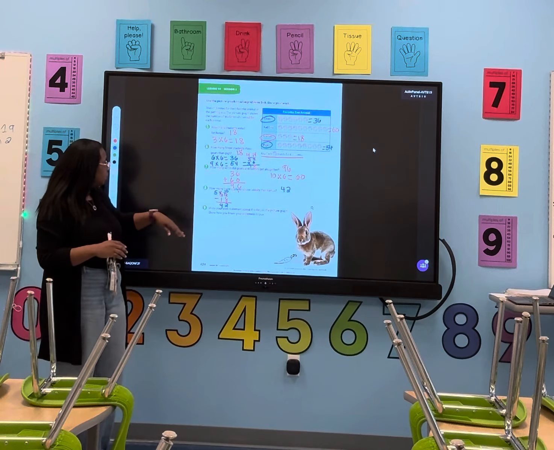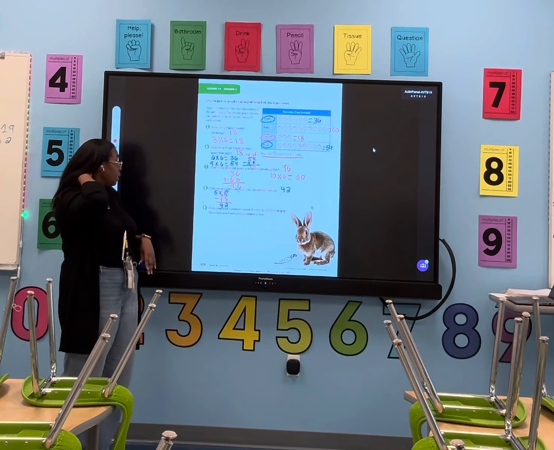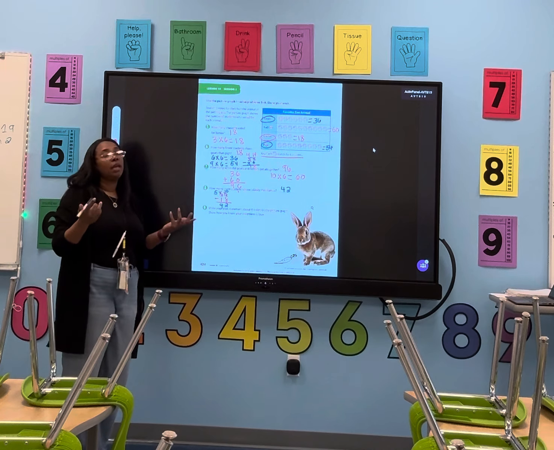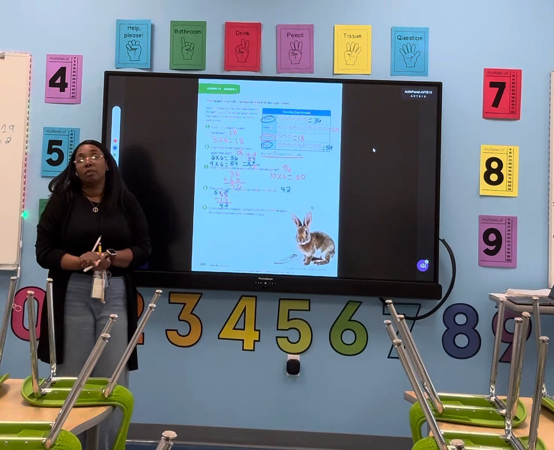Okay, and then down to our last one, it says make your own statement about the data in the picture graph. Show how you know your statement is true. Now with that, you can write any statement you like. It's up to you.